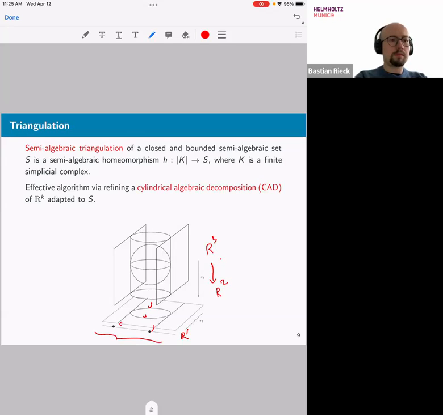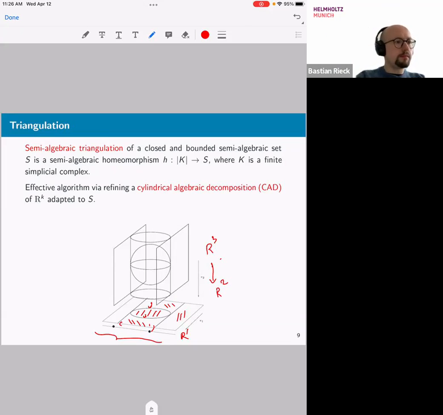And the cylindrical cells of the decomposition, instead of being intervals and points as for R^1, are either the graph or the region in between the two graphs. So that's one region, that's another region, that's semi-infinite, and that's another region that's semi-infinite, right? And this is another region. So you get a cylindrical decomposition of R^2.